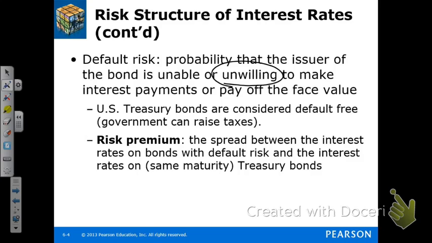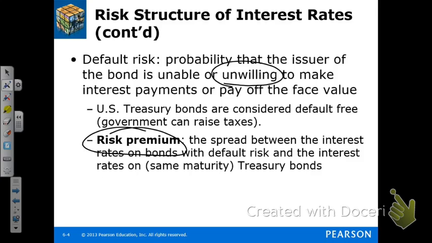So the idea of unwillingness is serious in real life, but in our course, default risk is either unwillingness or inability. If you are unable, it's obvious. If you're unwilling, you're also facing a default risk. When we talk about default risk, we also use a very important term called risk premium.